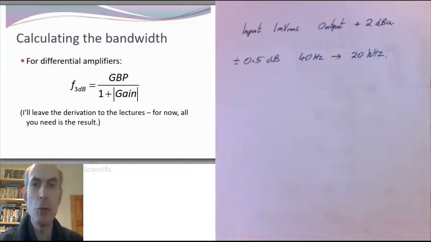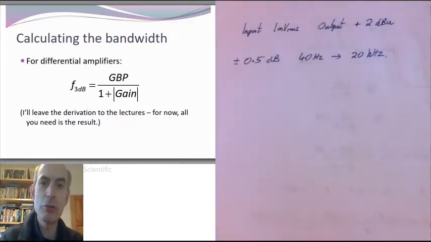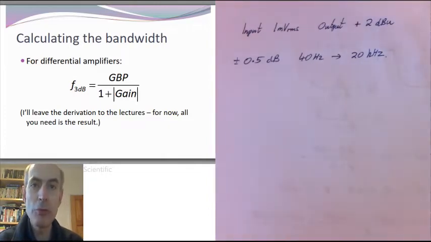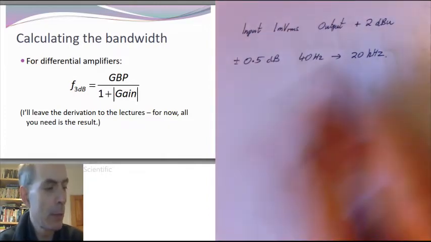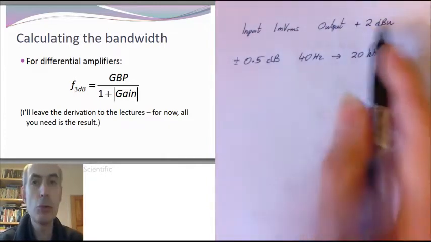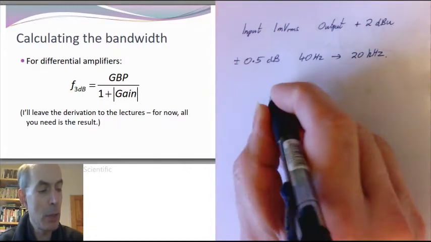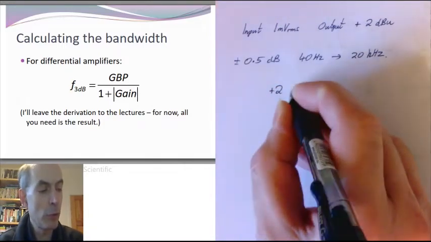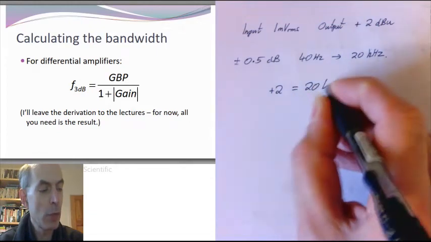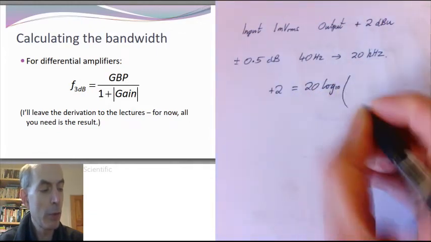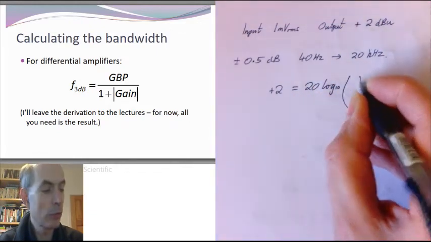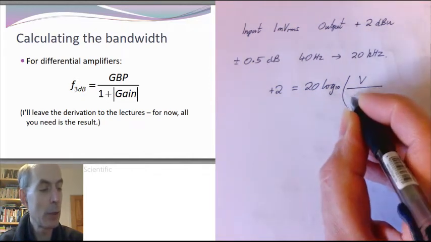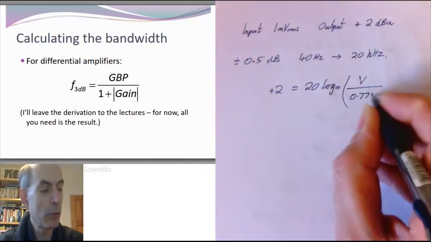A dBu is a measure of voltage referenced to 0.775 volts. So, if we have plus 2 dBu, that means that plus 2 is 20 log 10 of the voltage in volts, I'll just call it V for now, divided by 0.775.